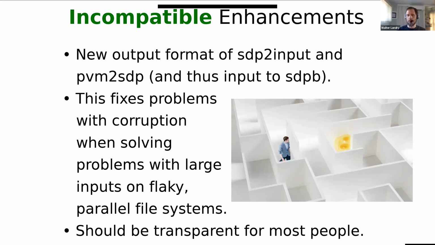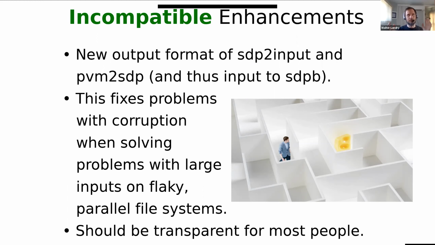So it should be transparent to most ordinary users. It's really only going to be the power users mucking around with things a little more internal that may see a difference. The format is fairly simple. It's a zip file with JSON files inside, and actually you don't even have to make it a zip file.